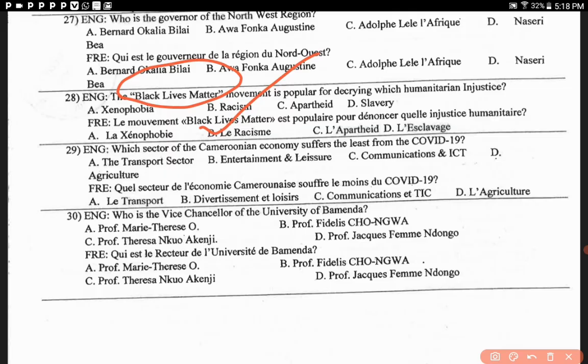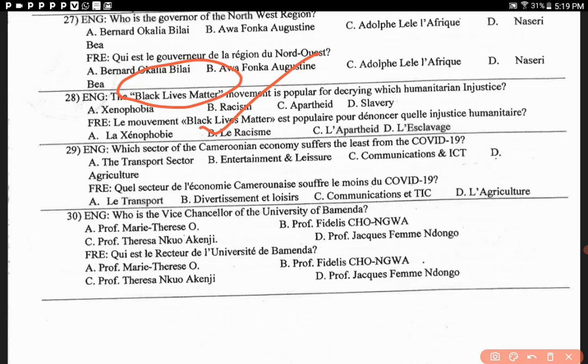Then xenophobia, apartheid, and slavery are different forms or periods of injustice. The core contemporary focus of the Black Lives Matter is racism. So B is the correct answer.